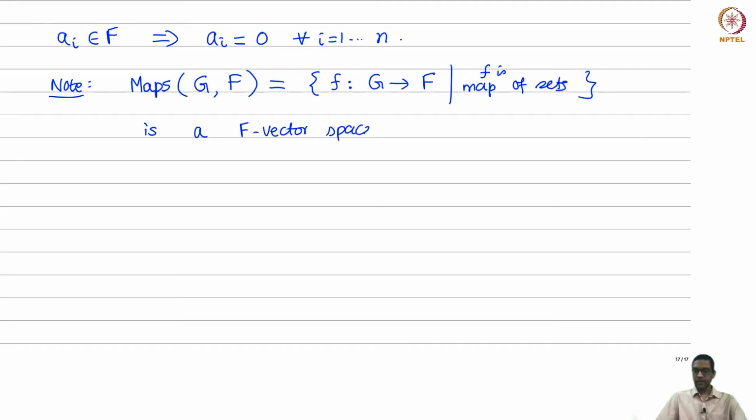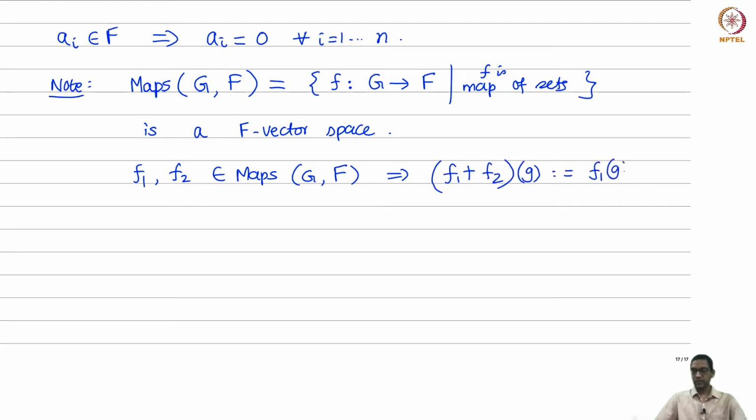What I mean is I have a notion of addition and scalar multiplication which satisfies the axioms. How do you add two maps? Well, you just add them pointwise. So how do you add? If I have f1 and f2, which are both maps. In fact, I don't even need G to be a group for all this. Any set will do. Then I define f1 plus f2 pointwise to be just this.